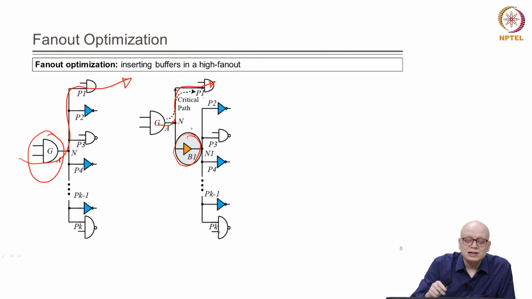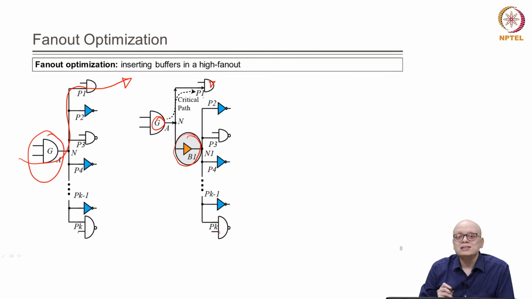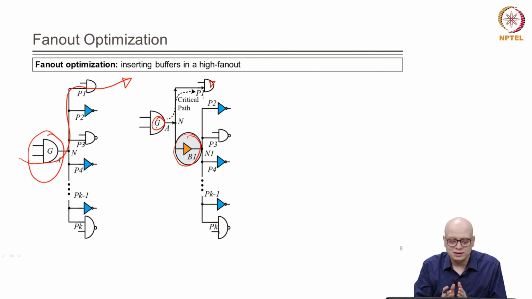Now, as a result of this transformation, what will happen? The load on gate G will reduce. Why? Because earlier all these loads P1, P2 to Pk were seen by the gate G, and therefore, the output capacitance that was being driven by G was much higher.